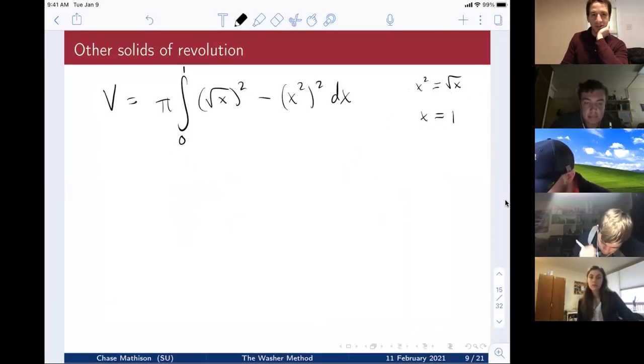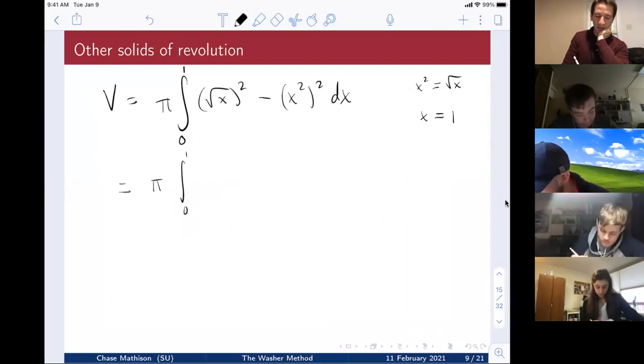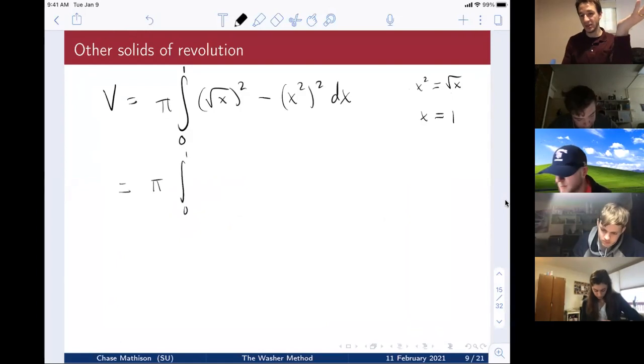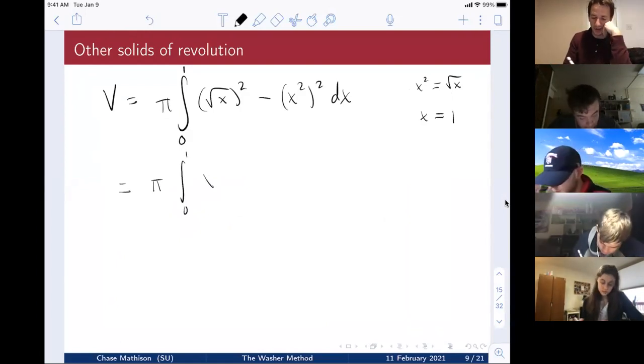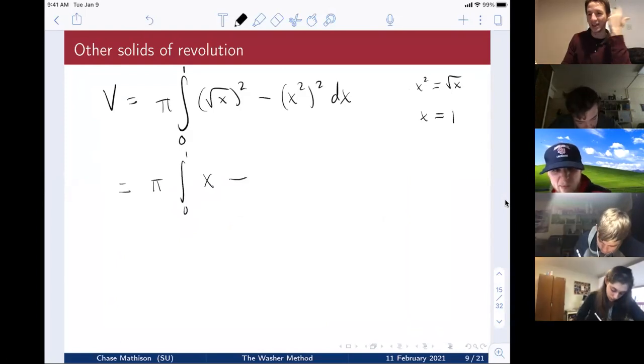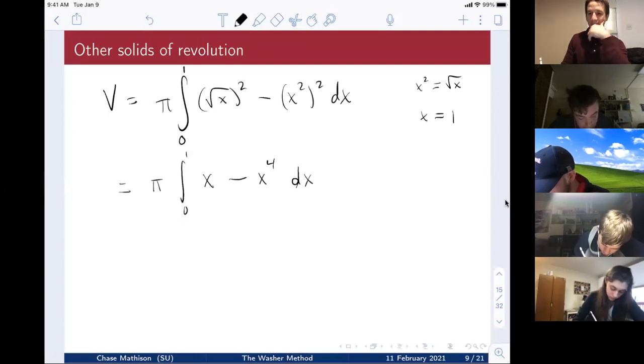Very good. So I've avoided simplifying this so far, but this actually simplifies very nicely. The square root of x squared is just x, and then minus x squared squared, that's x to the 4th, dx.